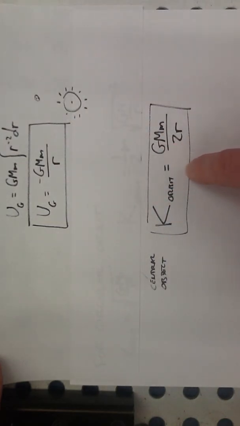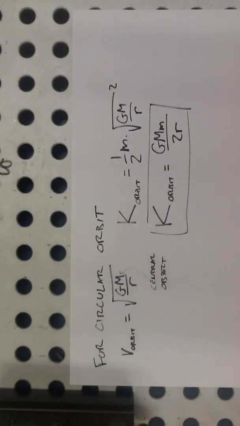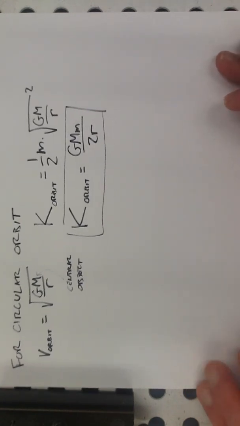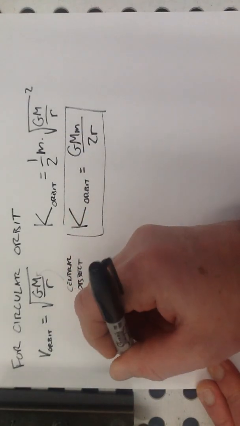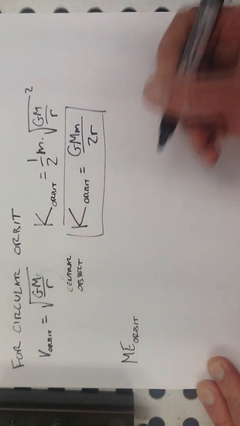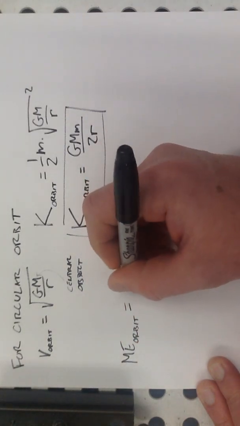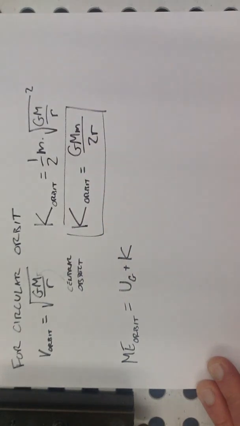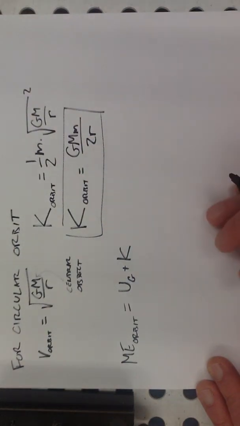So if you needed to know this, you need to know how to go through that process. It's a short process, but you need to know how to do it. If you were ever asked what is the total mechanical energy of orbit, well, total mechanical energy is just potential energy plus kinetic energy, right? So it'd be the sum of those two things.